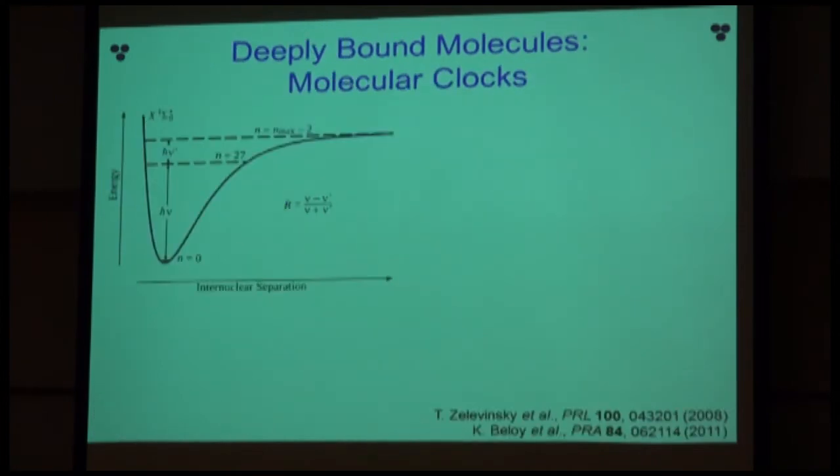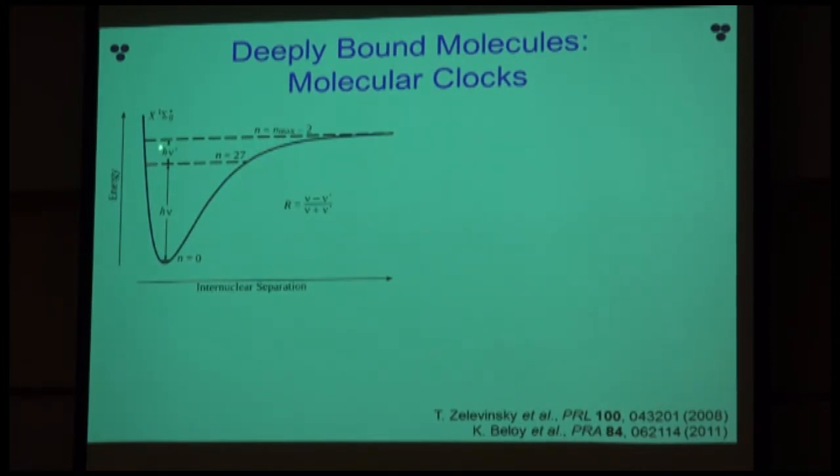So that's one thing. And the other thing one can do with these deeply bound molecules is just run a molecular clock. For the previous experiment, the idea is to measure fairly precisely a whole bunch of levels, including very deep ones, for that constraint. For this experiment, one would focus just on 1 or 2 transitions, but do it extremely well.